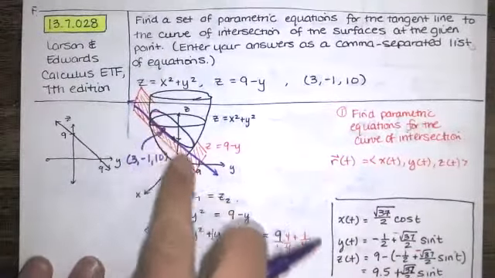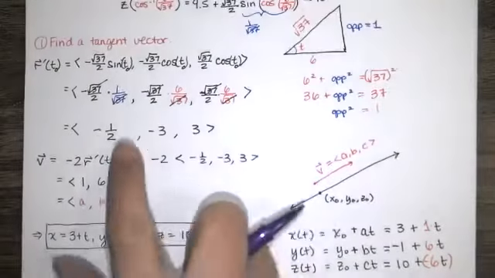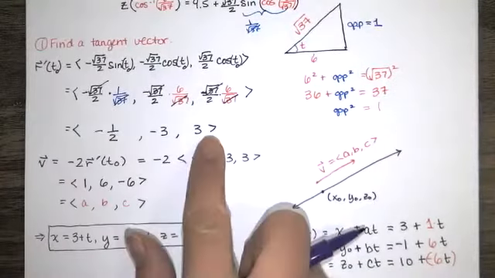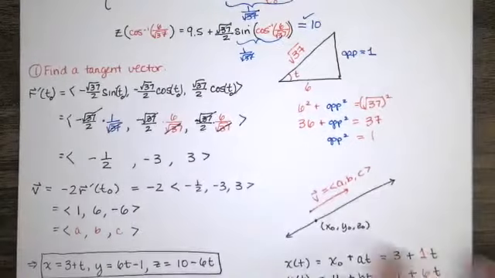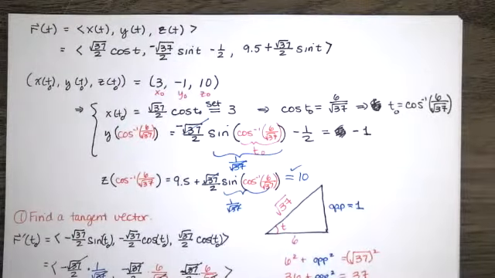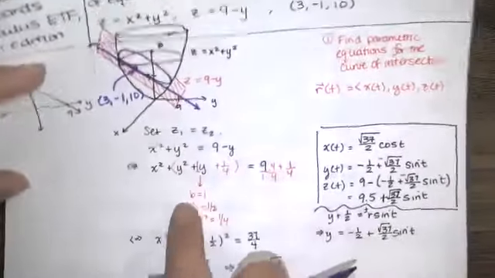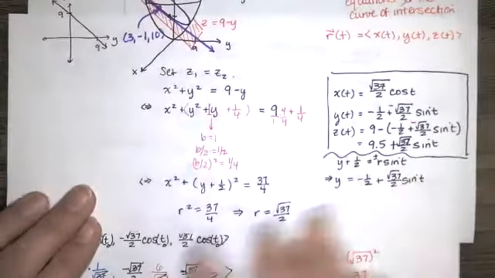And the tangent vector to that line was given by this. The way we found that was we first came up with parametric equations for that curve of intersection by setting the z's equal to each other. Then we noticed that that was either an ellipse or a circle.